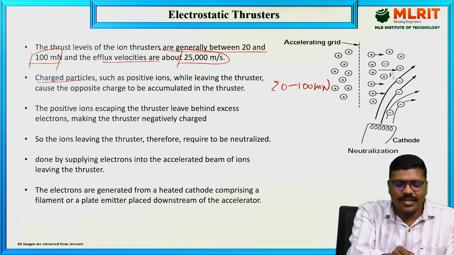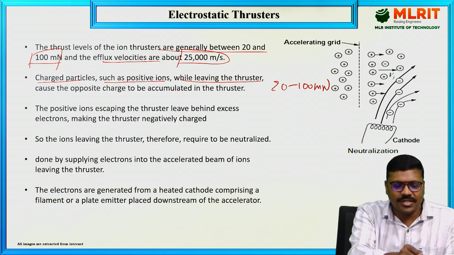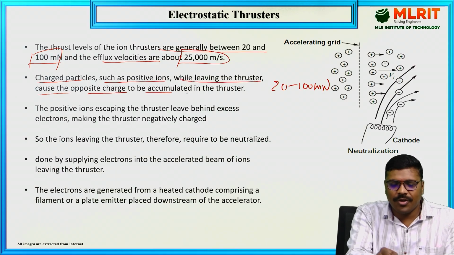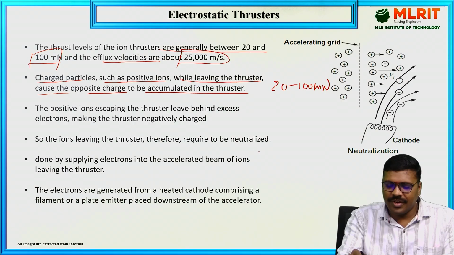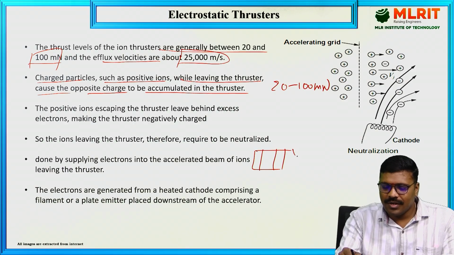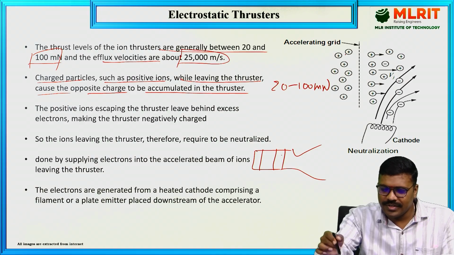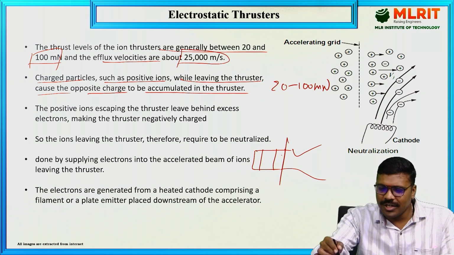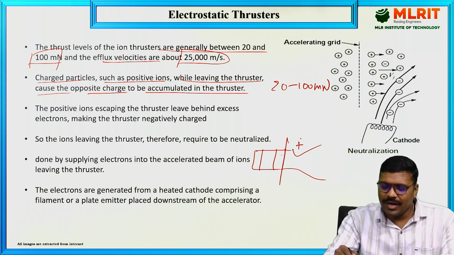The charged particles such as positive ions, while leaving the thruster, cause opposite charge to be accumulated in the thruster. Suppose you take the electrostatic thruster, here is one grid, another grid like this. The charged particles leave the nozzle as ions.